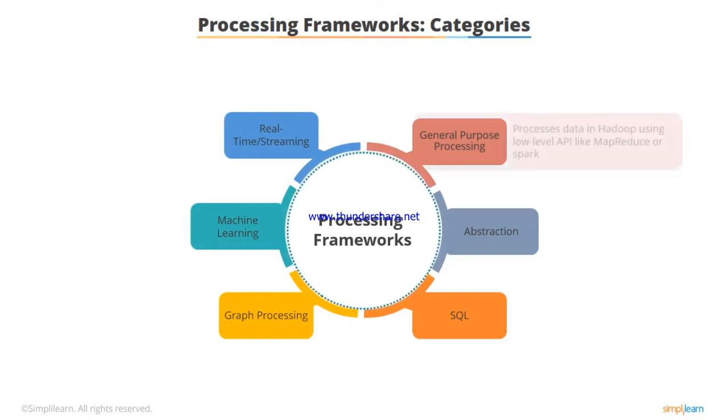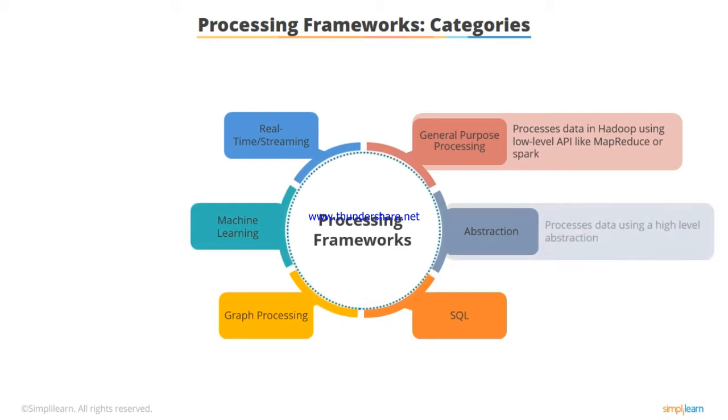General-purpose processing frameworks allow users to process data in Hadoop using low-level APIs like MapReduce or Spark. Abstraction frameworks allow users to process data using a high-level abstraction. API-based, custom DSL is typically built on top of a general-purpose processing framework.